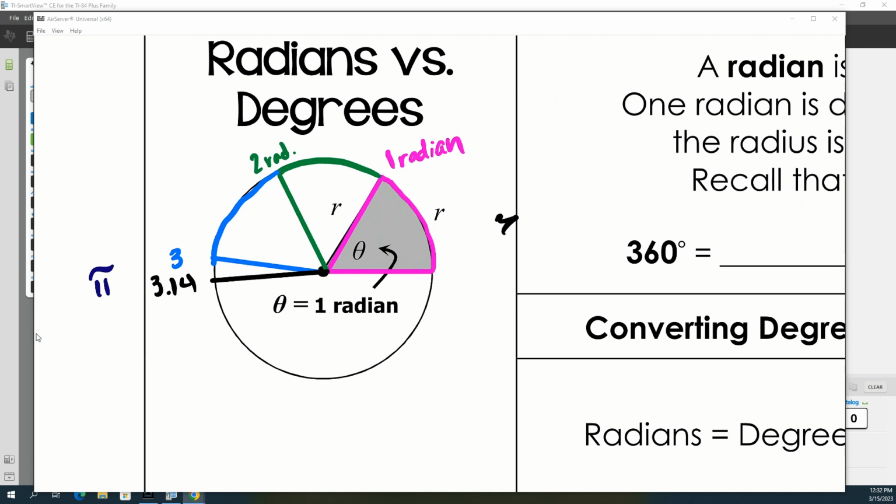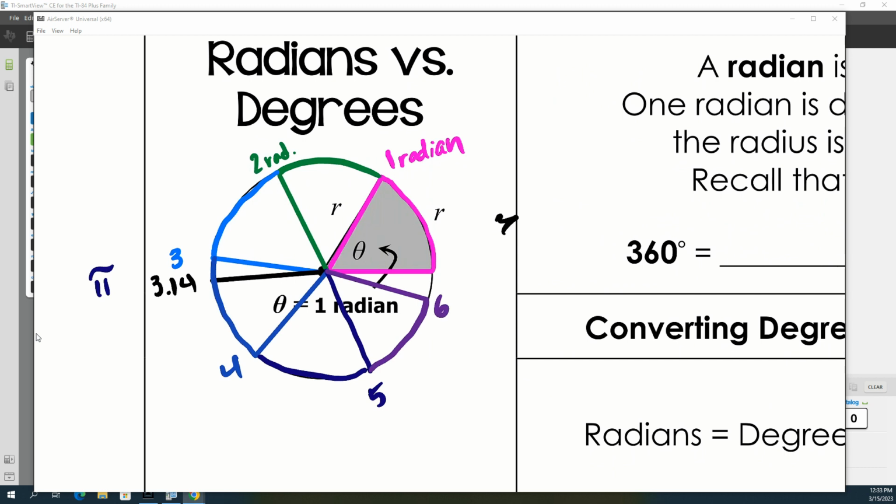Okay, let's keep going around. All right, we're going to say that's 4 radians. 5. 6.